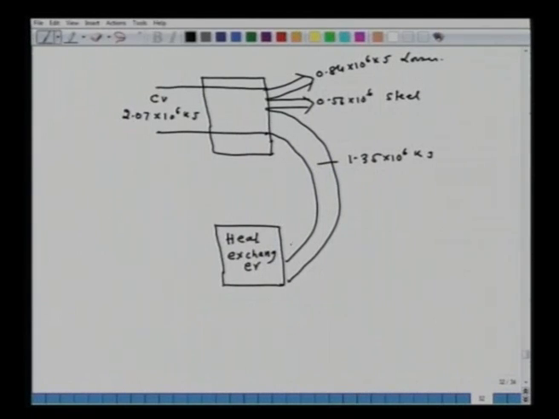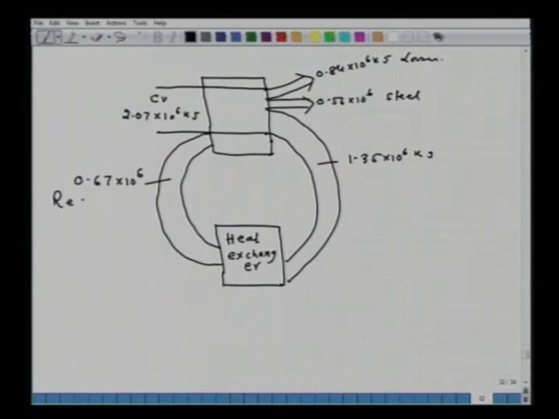We are taking this heat to the heat exchanger, and from the heat exchanger we are recouping the heat. So, this heat is 0.67 into 10 to the power 6.